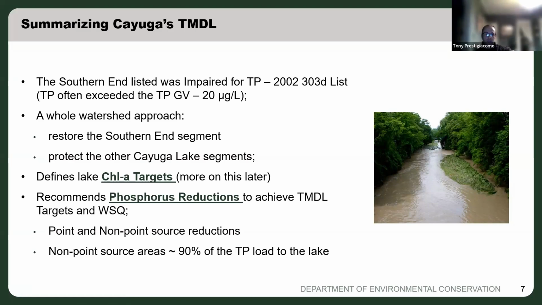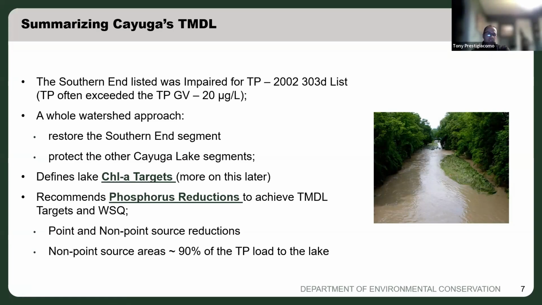As the research and the model were developed, we learned that what came into the southern end interacted with the rest of the lake, and what was happening in the rest of the lake was very important for driving water quality at the southern end, in addition to the tributaries that come in on the southern end.